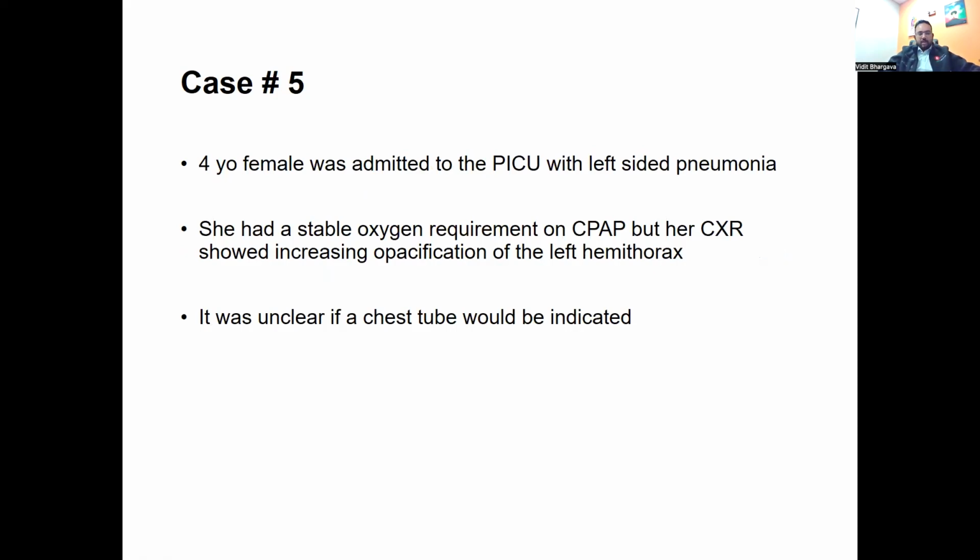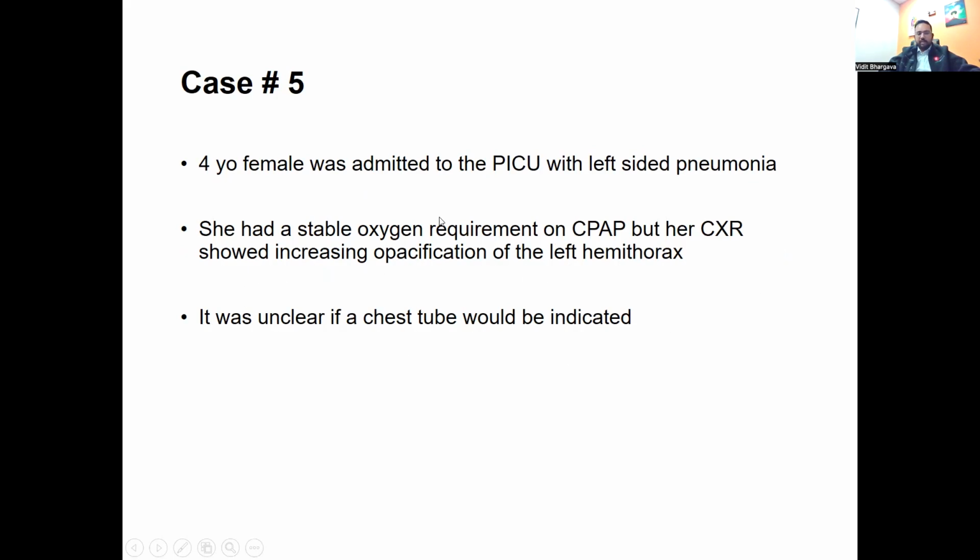Next case is that of a 4-year-old female who was admitted to the PICU with left-sided pneumonia. She has a stable oxygen requirement on CPAP, but her chest X-ray shows increased opacification of the left hemithorax. It was unclear if a chest tube would be indicated.